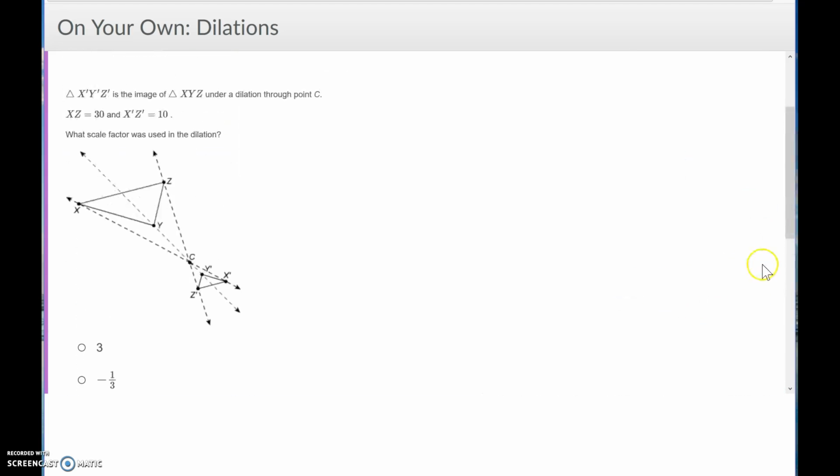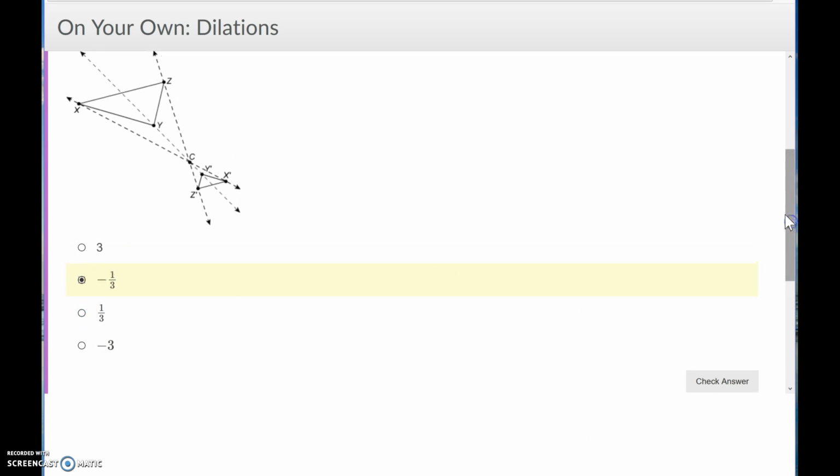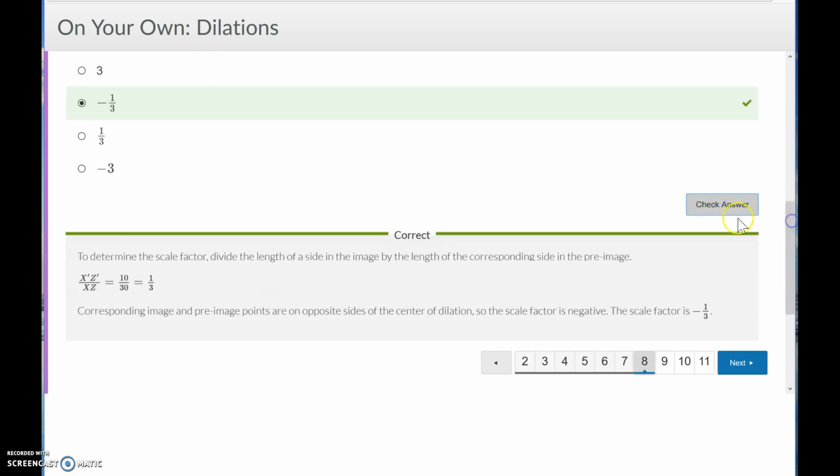All right, now here our image flips, so it's obviously a negative. And our image is big and then it goes small, so it has to be less than 1, so it's got to be -1/3. And once again, you do image divided by pre-image, and that would give you your scale factor also.